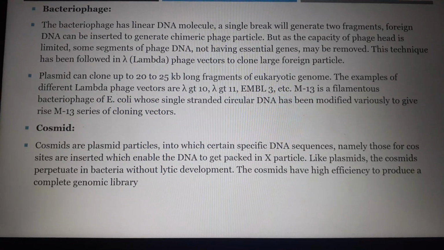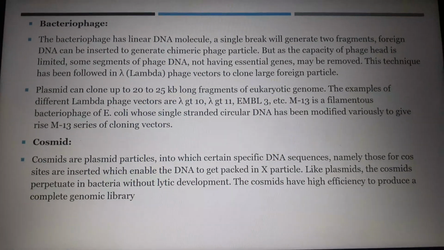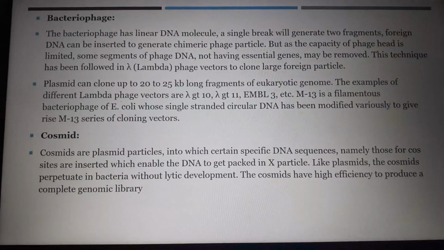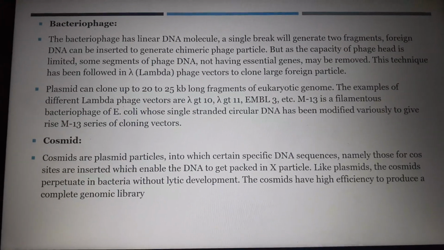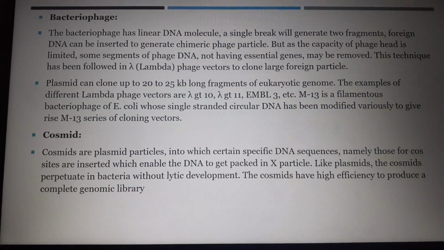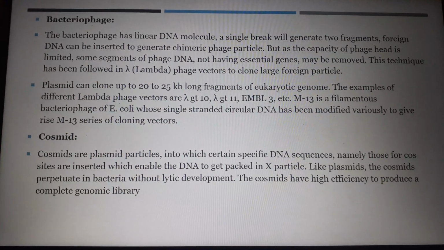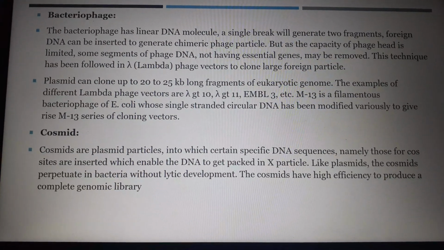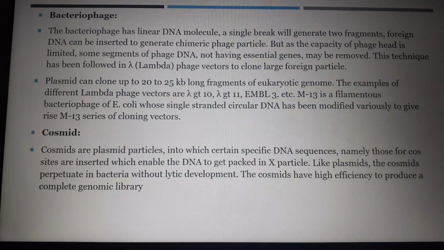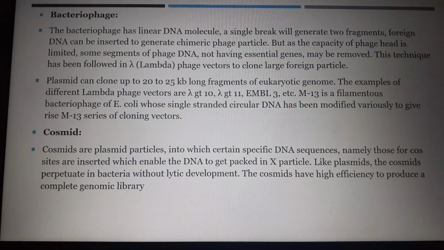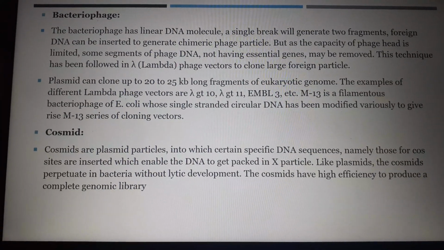And cosmids. A cosmid is a plasmid into which specific DNA sequences, namely the cos sites, are inserted. Like plasmids, cosmids are perpetuated in bacteria without lytic development, and cosmids have high efficiency to produce a complete genomic library.